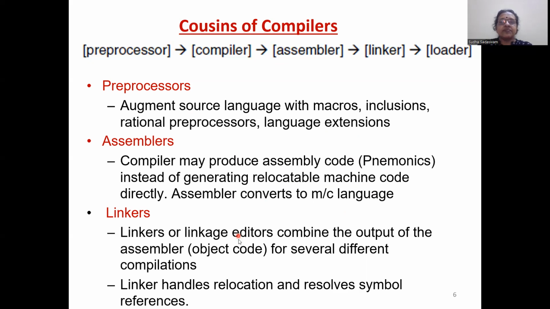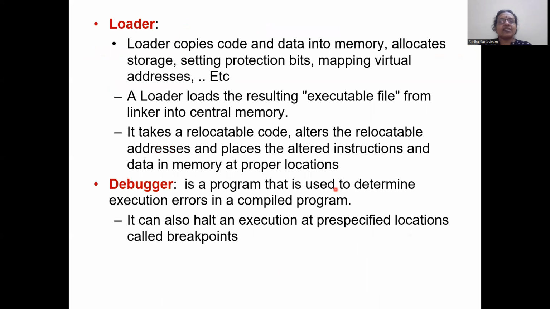The linker links all the object modules produced by different parts of the source program into a single relocatable object file. The loader loads this object file in the memory and executes it. So these are the functions of the different tools that are linked with the compilation tool.